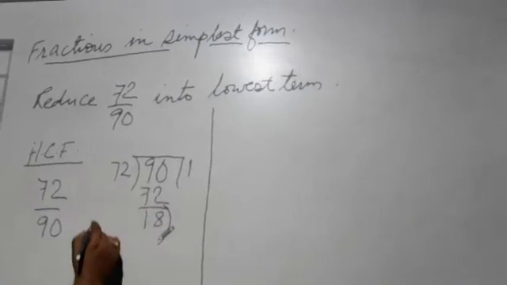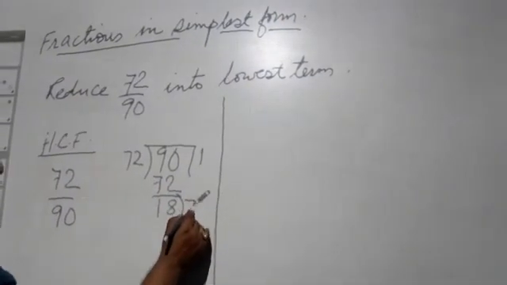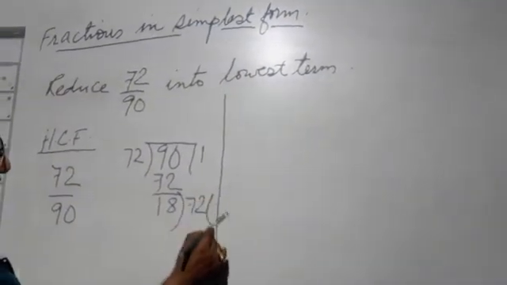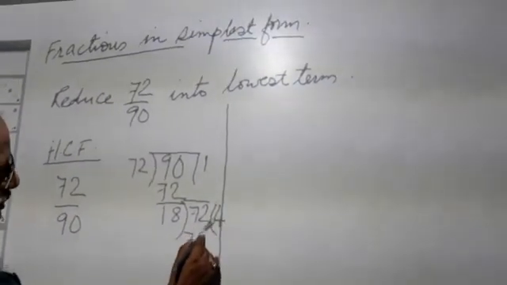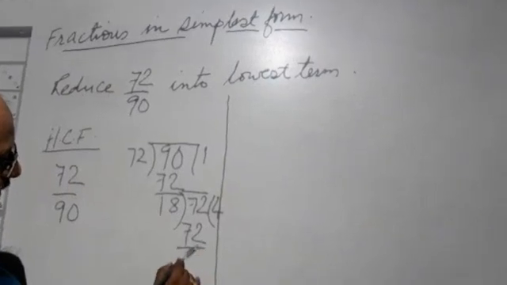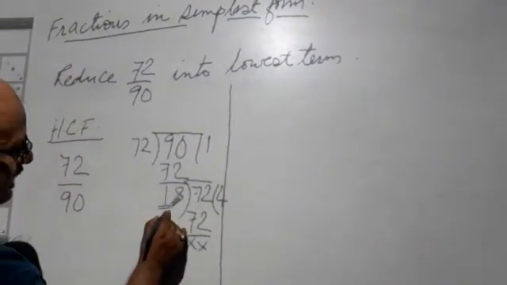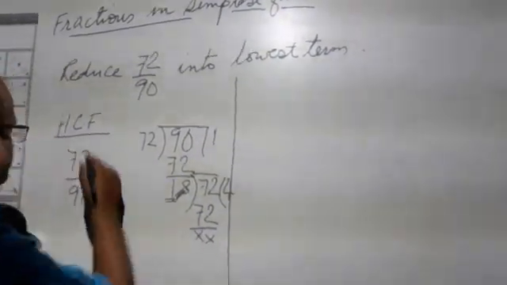So this becomes the divisor. This comes here, 72, and then 18 fours are 72. Therefore 18 is the HCF of these two numbers.